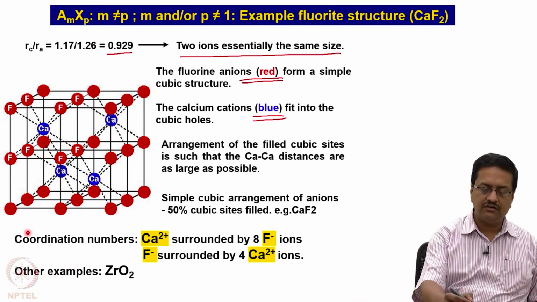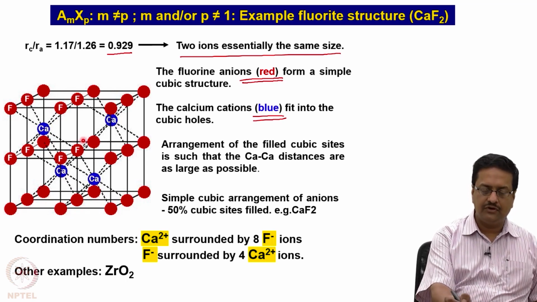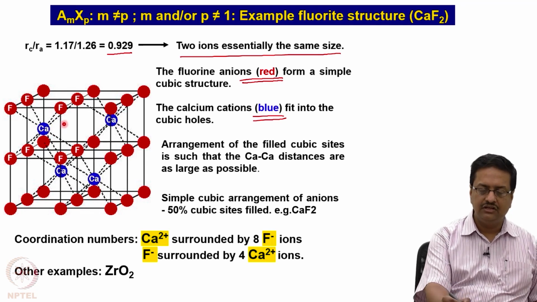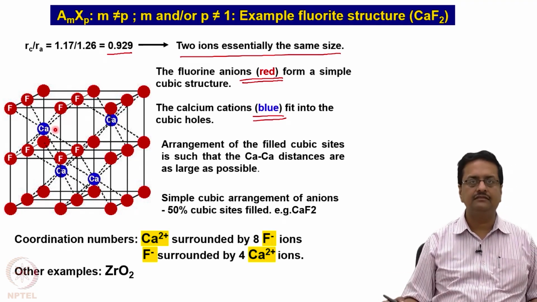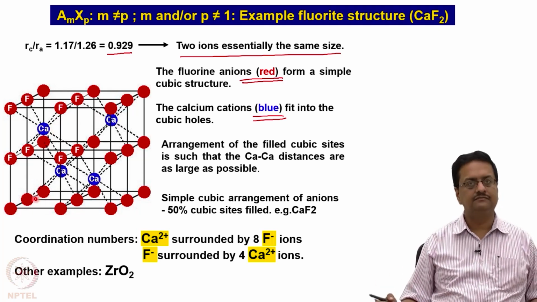But if you look at the corresponding adjacent unit cell, the fluoride ions form a simple cubic lattice, but the center is vacant. The same is true for the lower part also.